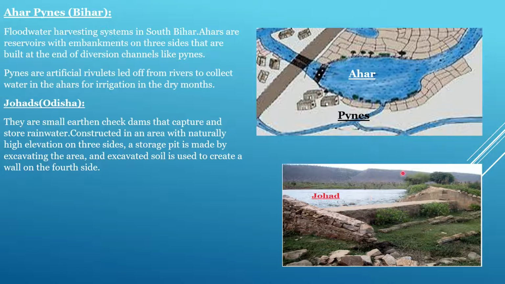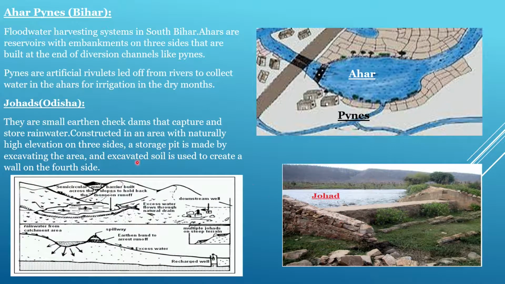Here we can see the elevations in the background, and this particular dam has been built with naturally high elevation on three sides. A storage pit is made by excavating the area that is man-made, and the excavated soil is used to create a wall on the fourth side.